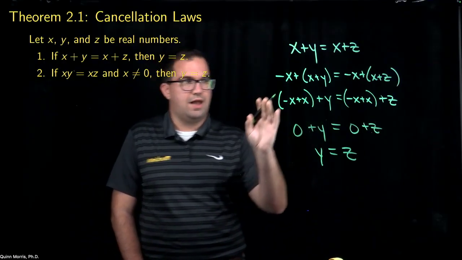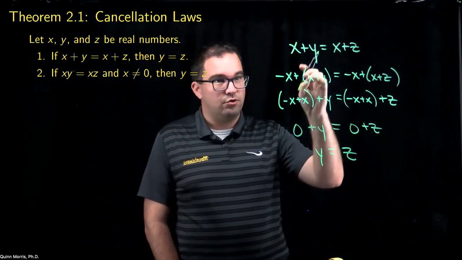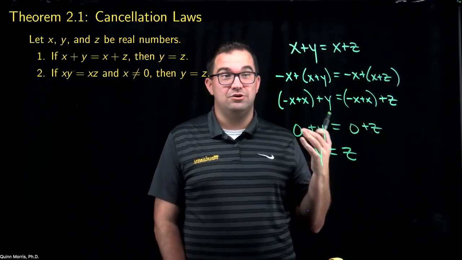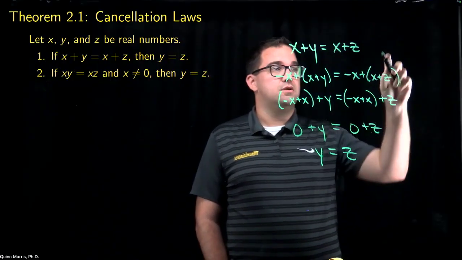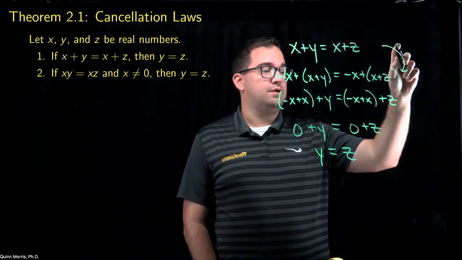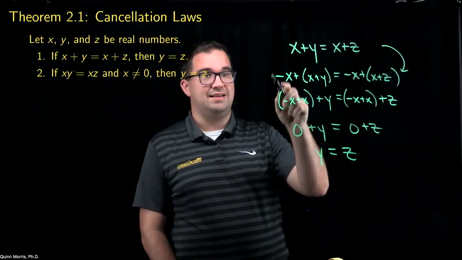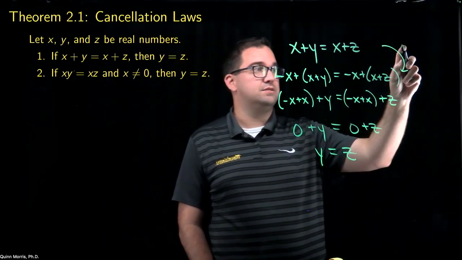Now, notice, this is like the most basic cancellation. You've been doing this your whole life. But notice that even in order to be able to do that kind of algebraic manipulation, you needed to use a number of the field axioms. So this first part gives you the existence. So you're using here the existence of an additive inverse in order to be able to add this.